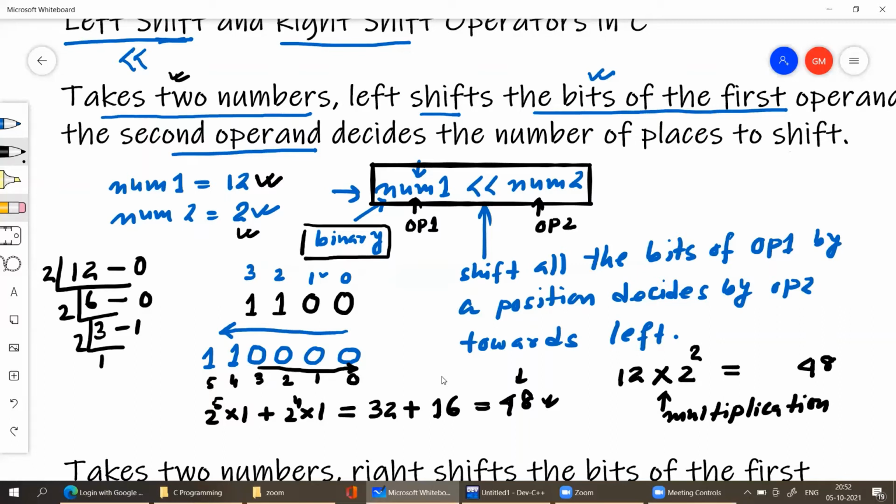The equation is: operand 1 will be multiplied by 2 to the power n, where n is your operand 2. This is the equation that we should remember for the left shift operator. Okay, now let's proceed with the second operator, right shift.